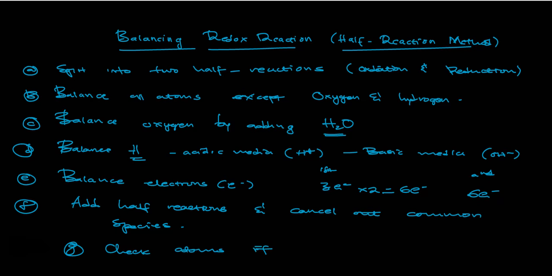This step you can use for proof, more especially in an exam. You don't even need to show it if you don't have time. You can stop here after you cancel out, then you write the net ionic equation, which is our last.